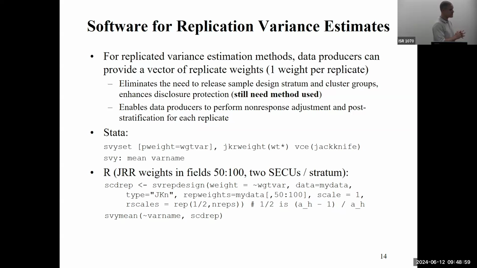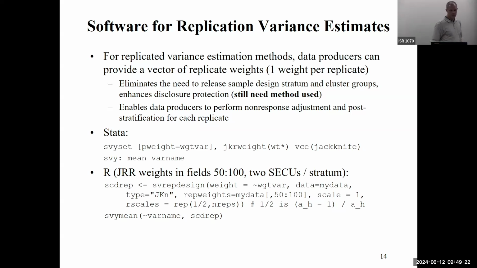Monday, we talked about when using linearization, that first variable that you specify after svyset is your PSU code, your cluster code. Notice it's missing, because it's not going to be in the data set for the replication methods. Then you still need to specify your full sample final survey weight. That's our pweight variable in square brackets.